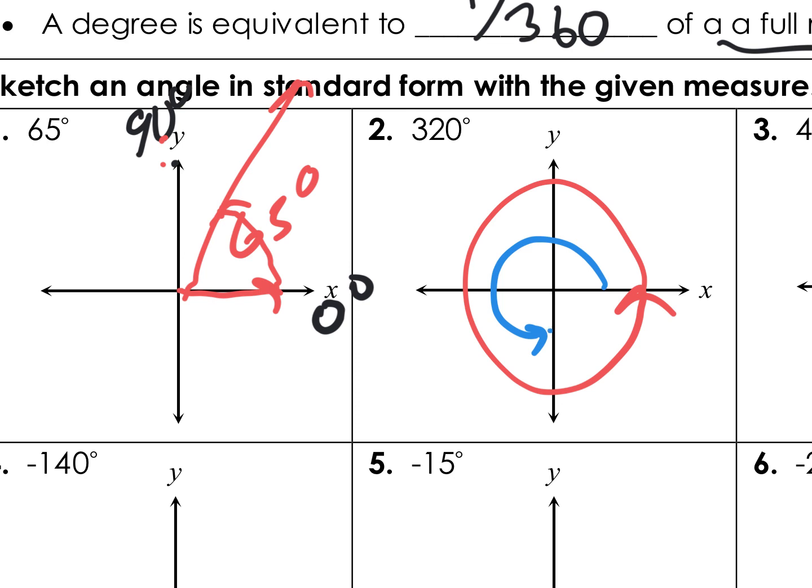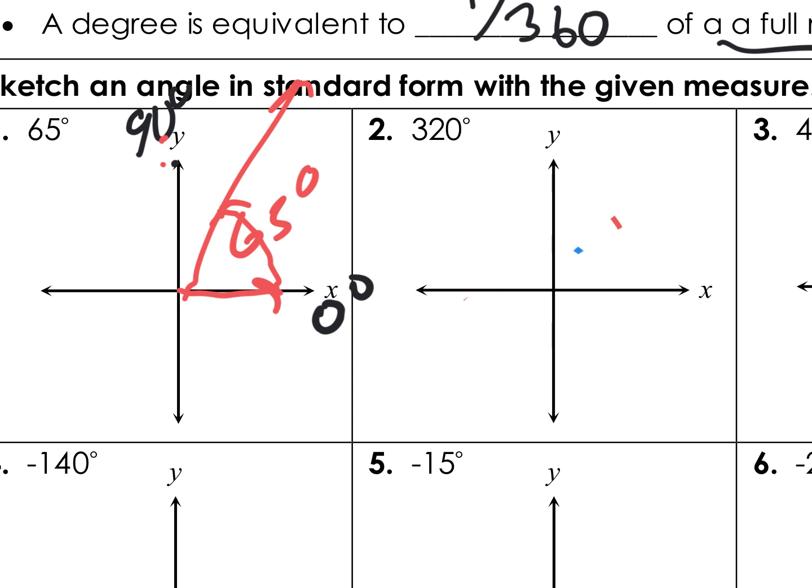Well, if this is 270 and this is 360, I need to be somewhere between those two numbers, but closer to 360. Would you agree? Well, Mickey agrees. So I'm going to draw it, and again, it doesn't have to be perfect. I'm going to stop right there and call that my angle. All the way around here is 320 degrees.